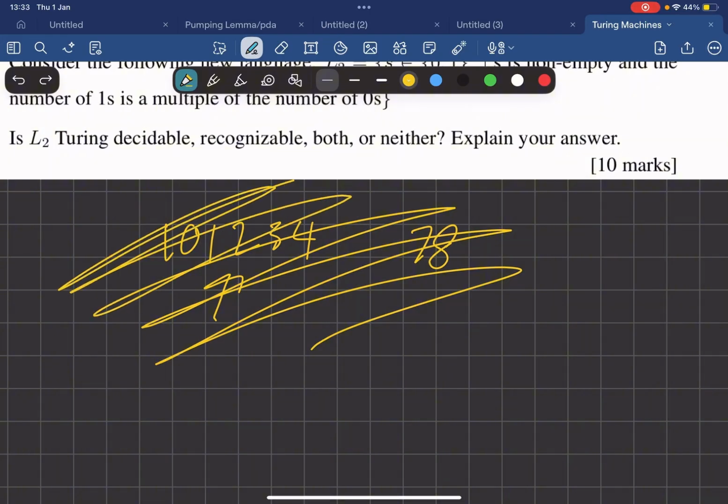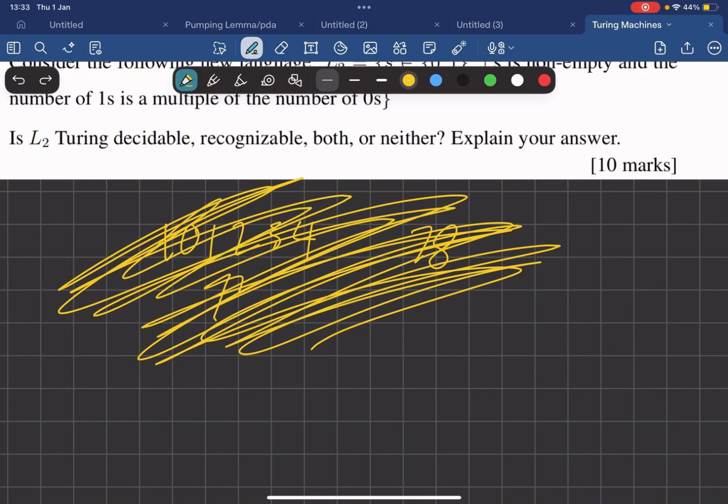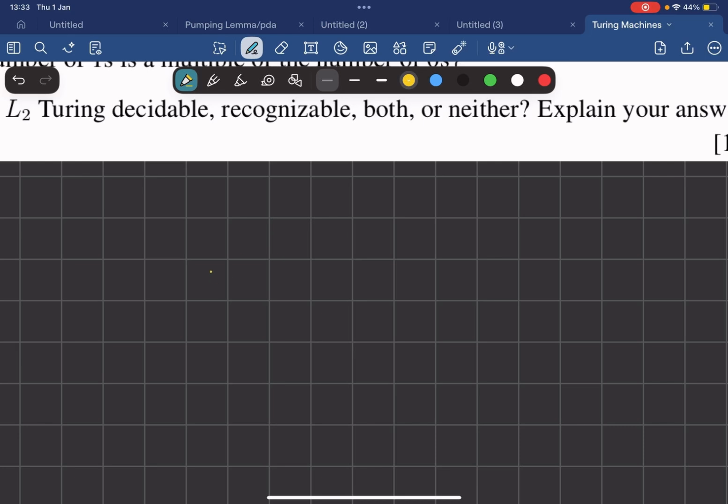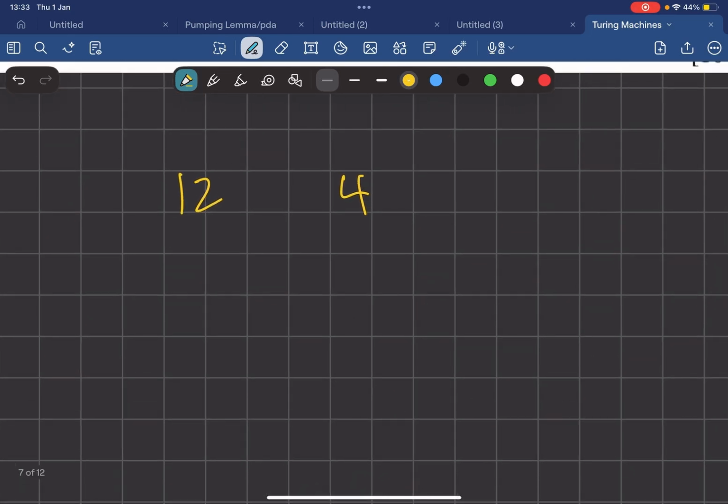Well, one way we could do it is by dividing the two numbers. So if we have 12, we want to see if 12 is a multiple of 4. What we can do is divide the two numbers and check if the result is an integer. 12 divided by 4 is 3, which is an integer, and that means 12 is in fact a multiple of 4.